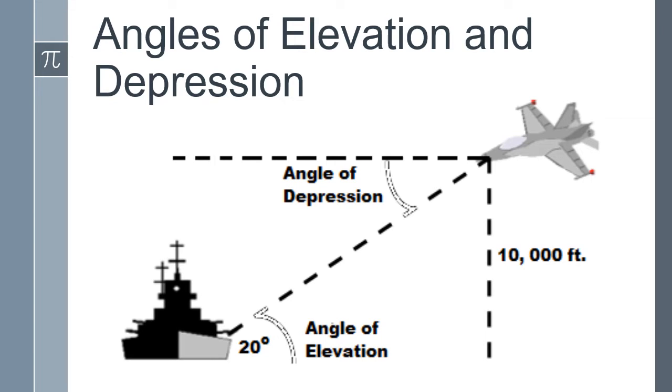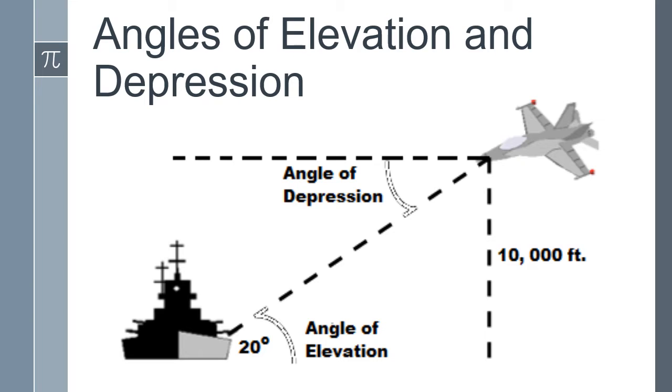So between two objects with an angle of elevation and an angle of depression, let's use this as an example. The jet is flying over the ocean, and there's an observer, let's say, on the deck of the battleship, and the observer looks up at the jet. He sees the jet at a 20-degree angle of elevation.